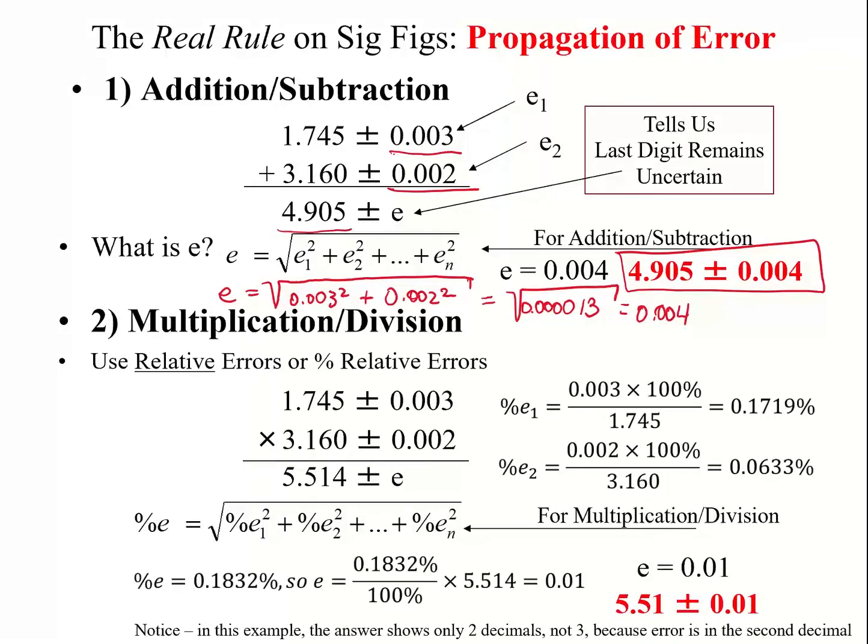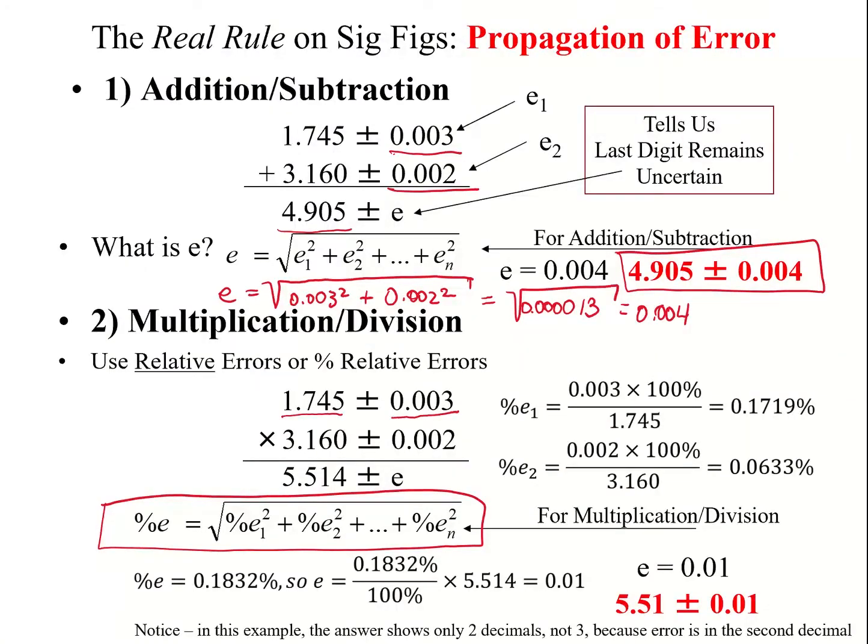Now let's take a look at multiplication and division. For multiplication and division, first convert all uncertainties into percent relative uncertainties, and then calculate the uncertainty of the product according to the formula. So, to convert our uncertainties to percent uncertainties, we take the absolute uncertainty and divide that by the magnitude of measurement, or basically the measured value.